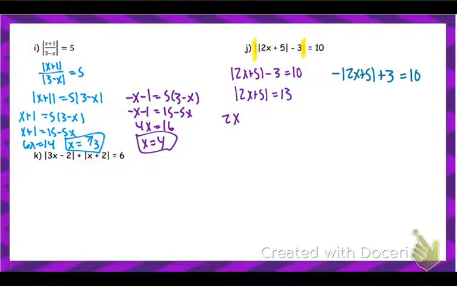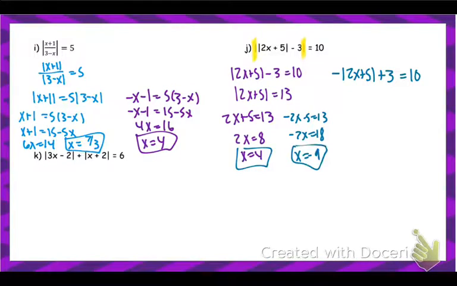Split it into 2. 2x plus 5 equals 13. And do your negative equation, negative 2x minus 5 equals 13. And you get two possible answers here. Plug them back in, make sure they're not extraneous. Neither one is, so x equals 4 and x equals negative 9 are both possible answers.